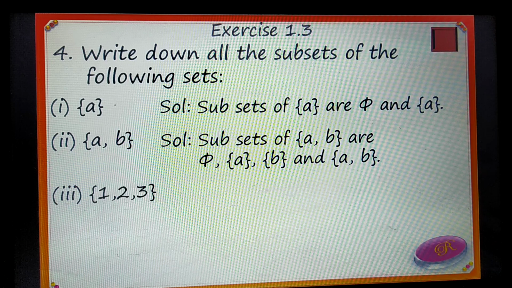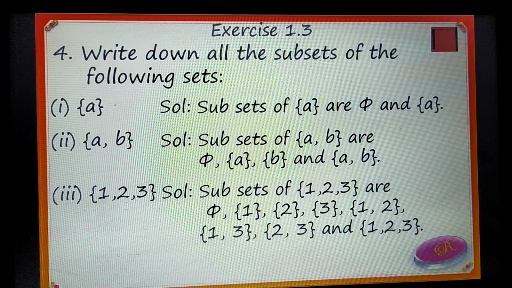Third set is set with elements 1, 2, 3. Solution. Subsets of set with elements 1, 2, 3 are empty set, set with element 1, set with element 2, set with element 3, set with elements 1, 2, set with elements 1, 3, set with elements 2, 3, and set with elements 1, 2, 3.